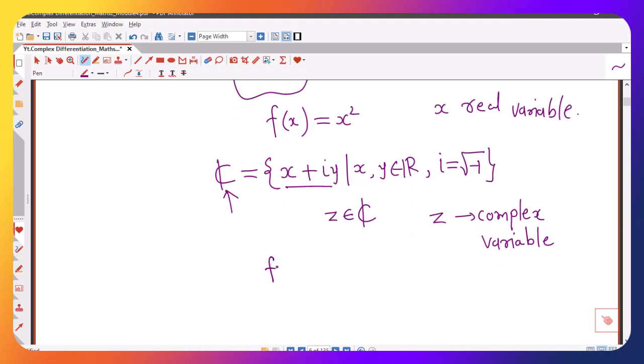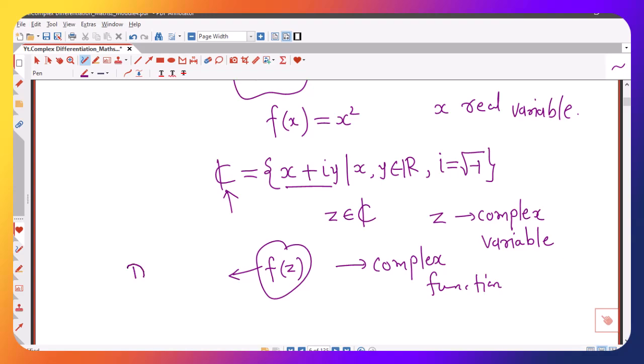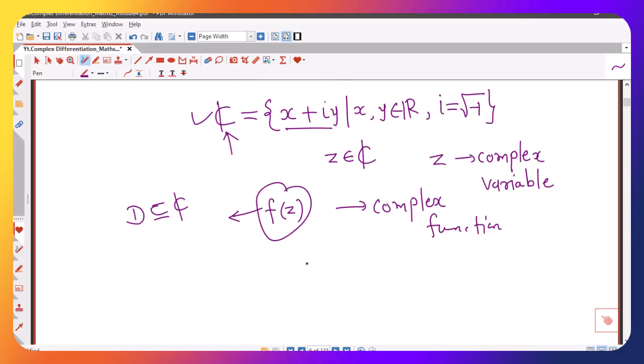And if we consider a function of a complex number denoted by f of z, then this is a complex function. So f of z is a complex function and its domain is some set D which is a subset of the set of all complex numbers. For example, if I consider f(z) equal to z square, then this function is defined for all values of the complex variable z.